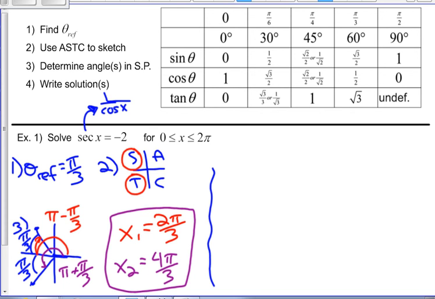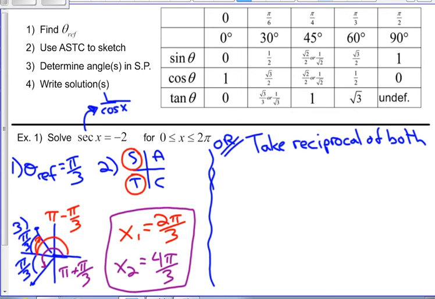Okay, here's the other approach that you could have taken to this. If you didn't like dealing with secant x, you could just take the reciprocal of both sides. And here's what that's going to do.